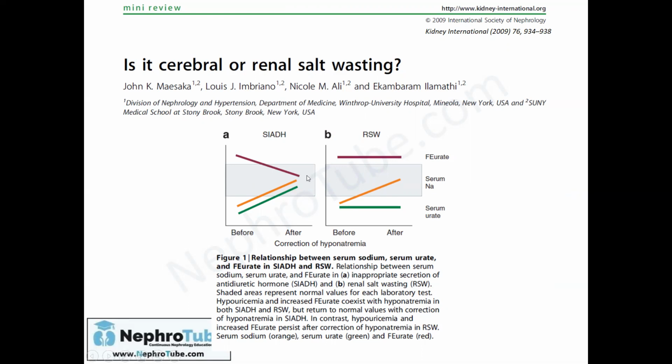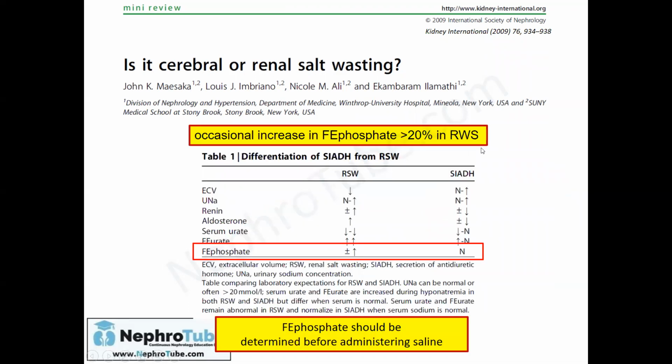So in SIADH syndrome, after correction of hyponatremia, all of these parameters will return to normal. But in renal salt wasting, after correction of hyponatremia, the serum urate and the fractional excretion of urate will still be abnormal. And this is the second clinical point to differentiate between SIADH and renal salt wasting.